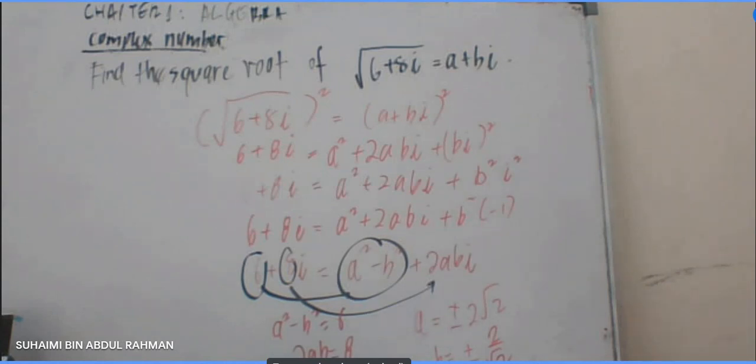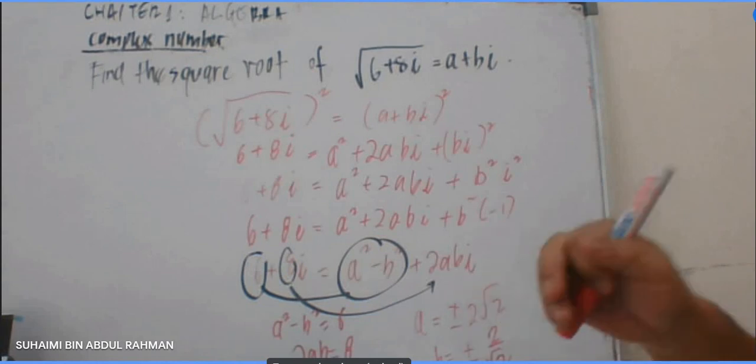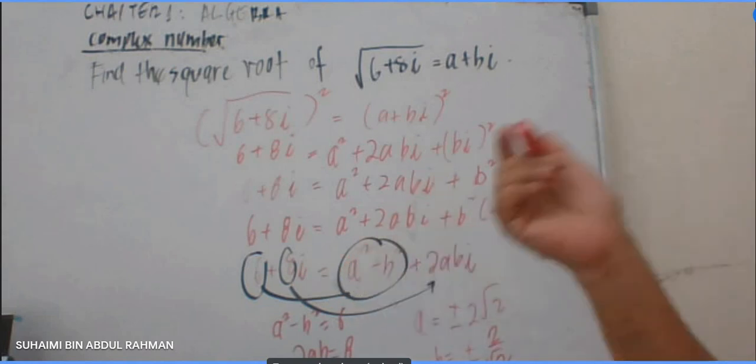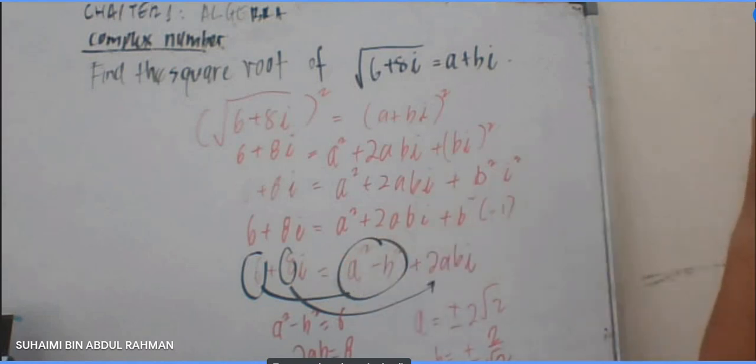Whatever the value of a we choose, that's the value of b. You try to obtain the value of a and b here.